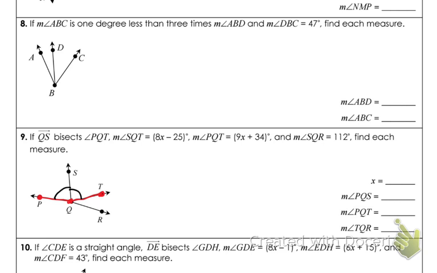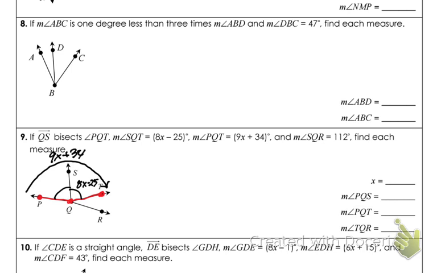Well, they tell us that SQT is 8x minus 25. So this SQT is 8x minus 25. They tell you that PQT, that will be our entire thing here, is 9x plus 34.